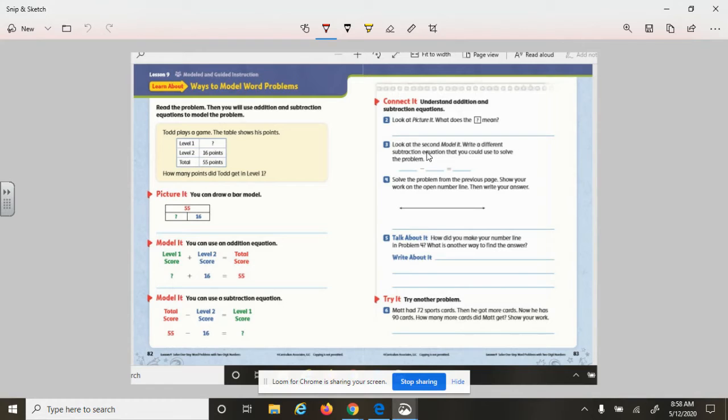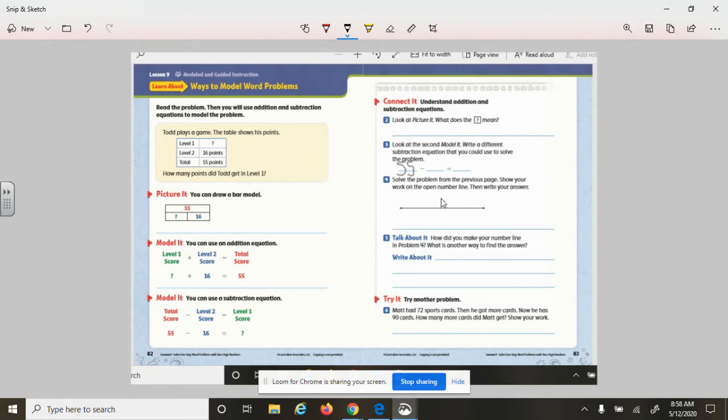Looking at the second model, which is down here, it says write a different subtraction equation that you could use to solve the problem. So here we have 55 minus 16 equals something. If we wanted to write that differently, we know we would have to start at 55 because when we subtract, we must always start with the largest number, the whole number.